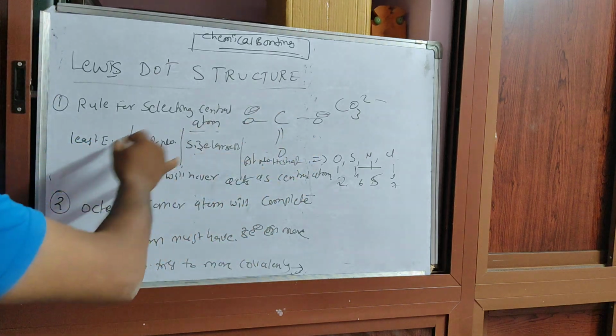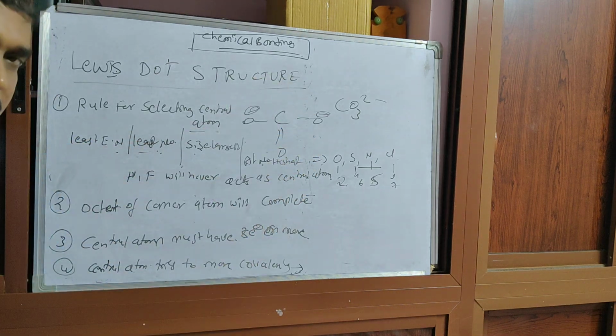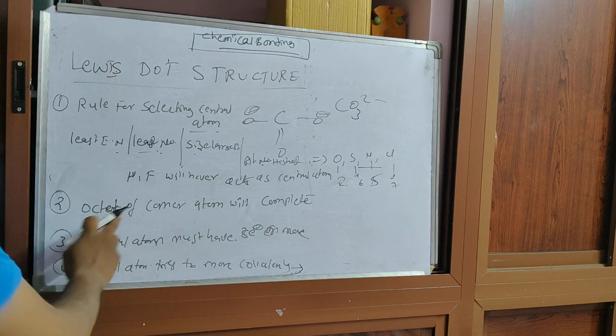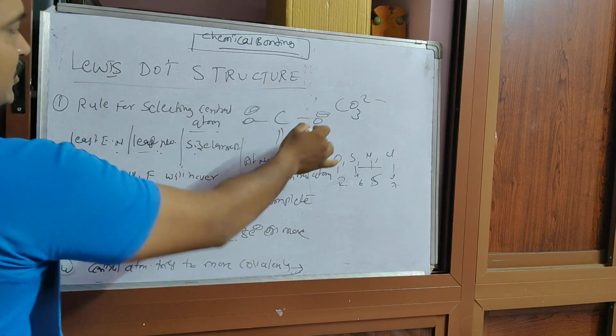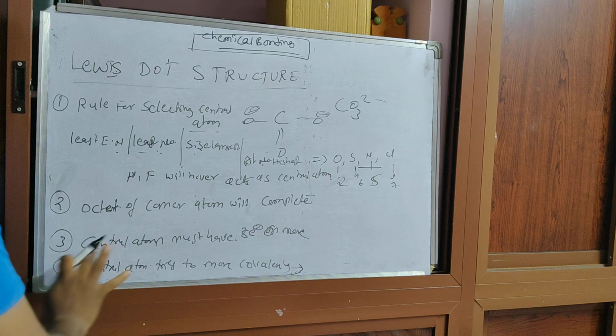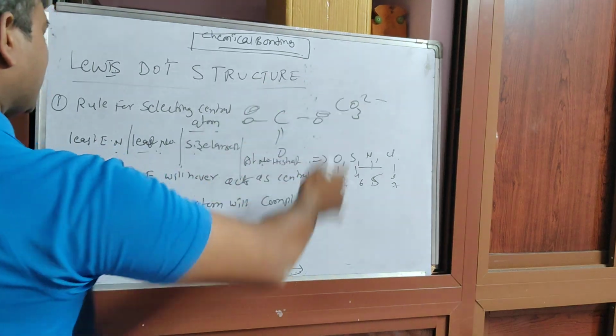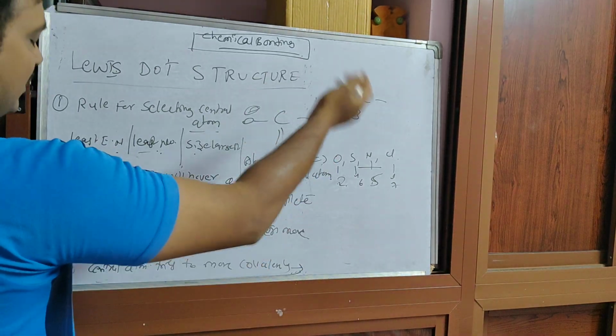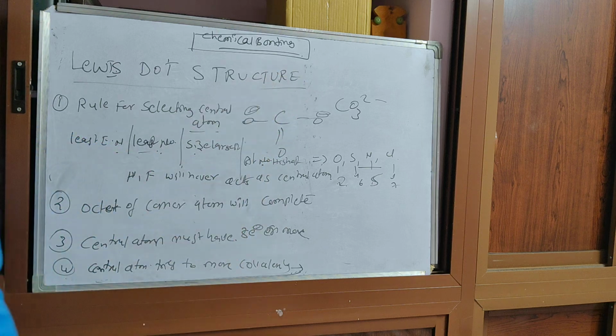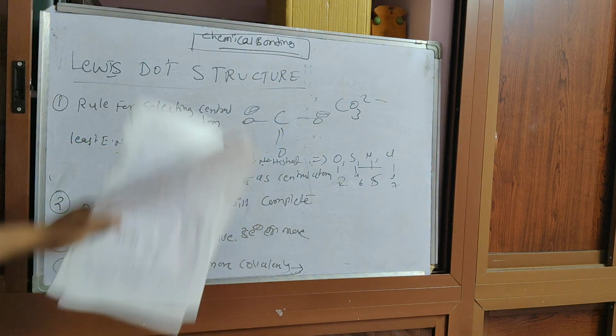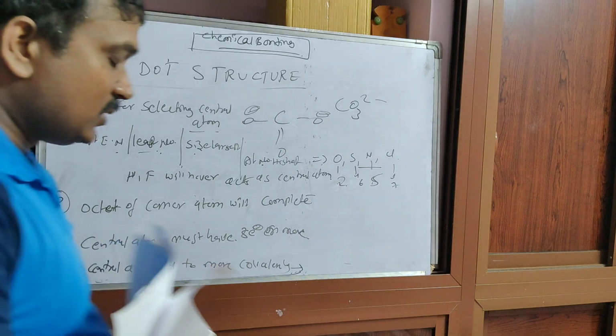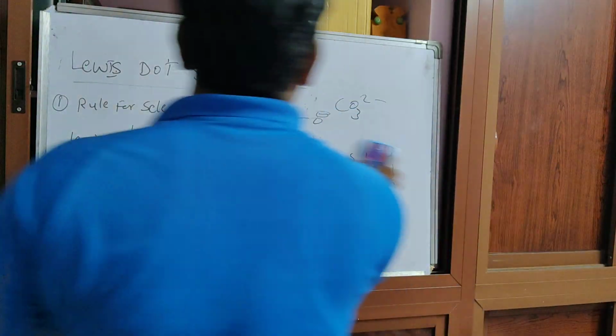If any of these conditions is followed, then we select it as the central atom. The central atom must have 8 or more electrons, octet completed and also more. The central atom tries to obtain maximum covalency. These are the 4 conditions to identify the Lewis dot structure of any molecule.